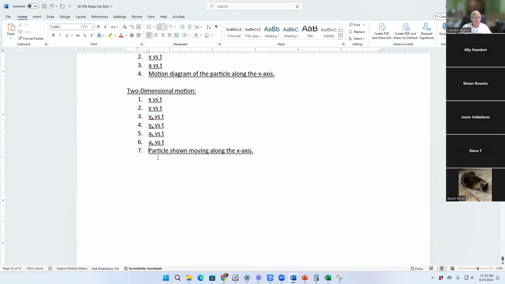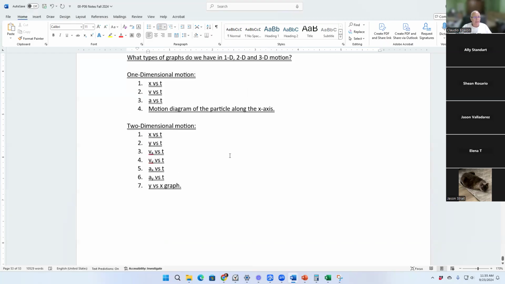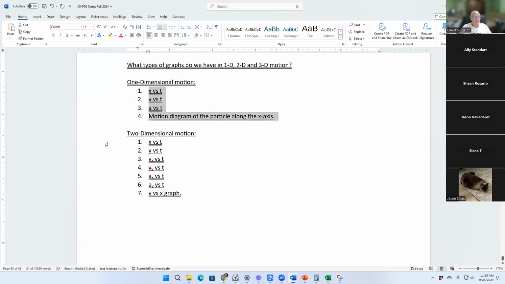And we also have y versus x graph. Okay? Here, let's say it's 4. Here it's going to be 7, almost twice as much.